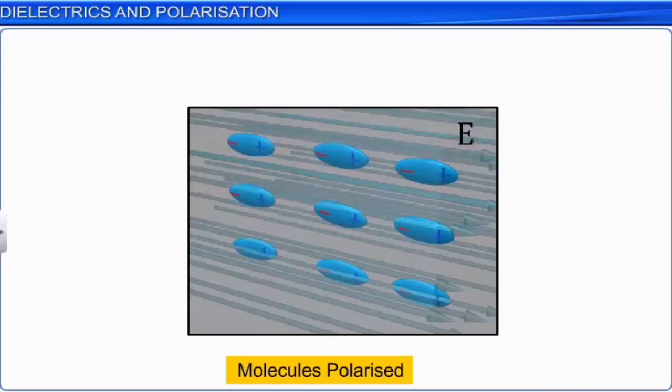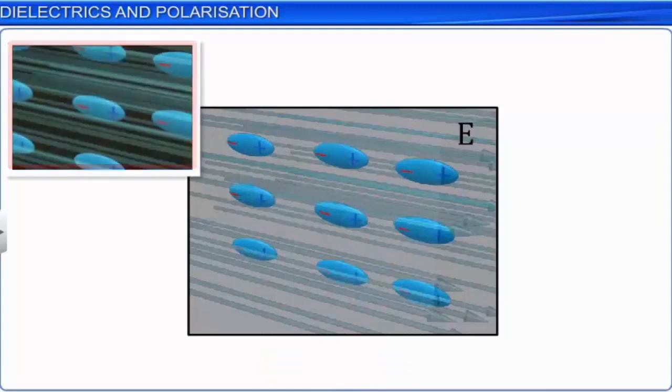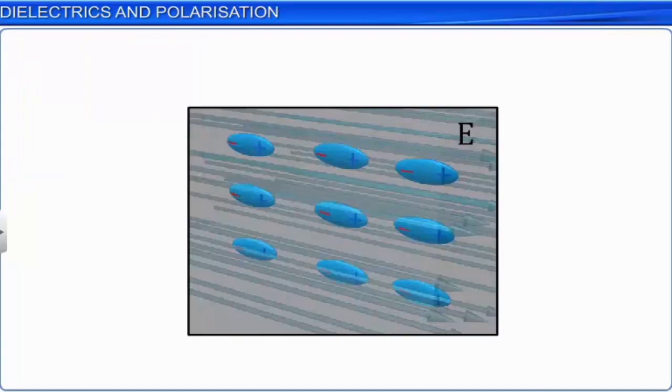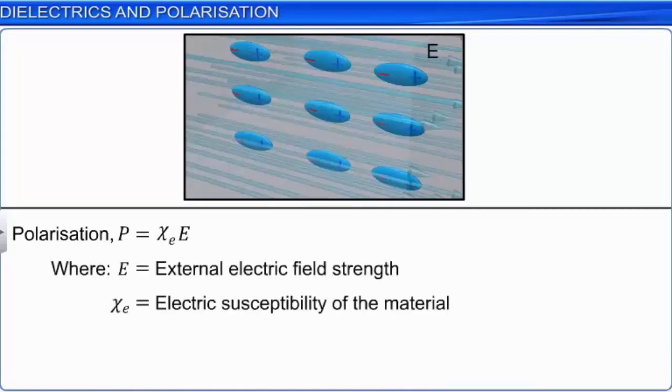Let us consider the polarization P of such materials, which is defined as the electric dipole moment per unit volume. For linear isotropic dielectric materials in a uniform external electric field, the polarization P is equal to χE times E, where χE is the electric susceptibility of the material.